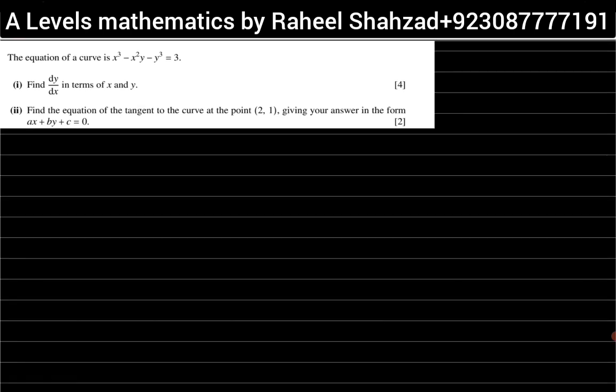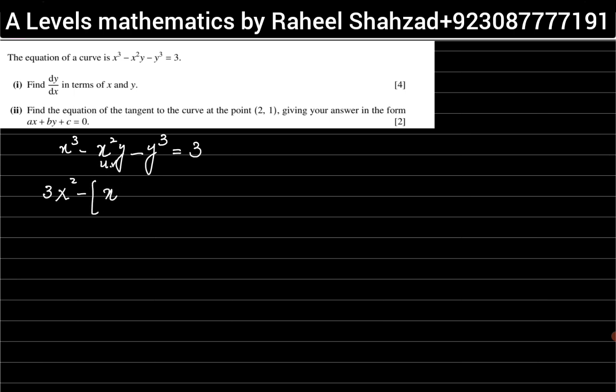Okay, in this question, the equation of the curve is x cube minus x square y minus y cube is equal to 3. Find dy by dx in terms of x and y. So we write x cube minus x square y minus y cube is equal to 3. So we are going to find dy by dx: 3x square minus, now we apply the product rule here, u dot v.